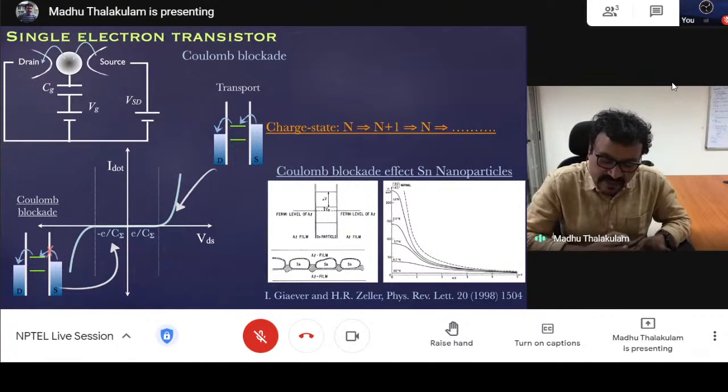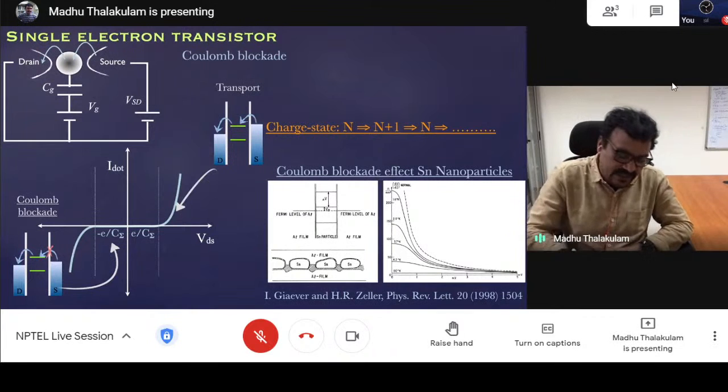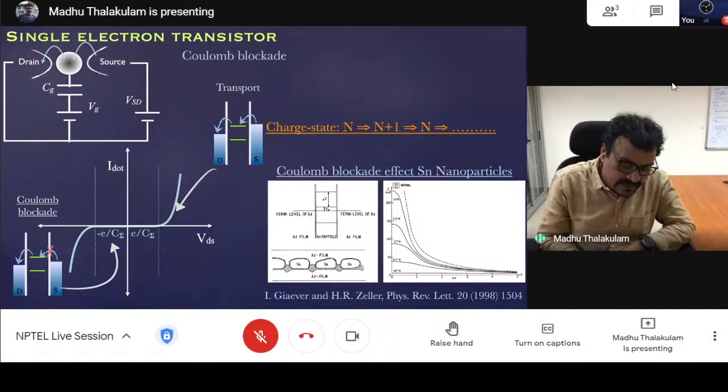Why is this called a single electron transistor? We will come to that in a minute. Okay. So in this specific situation, the transport through the dot is blocked. That corresponds to this window near the zero bias.